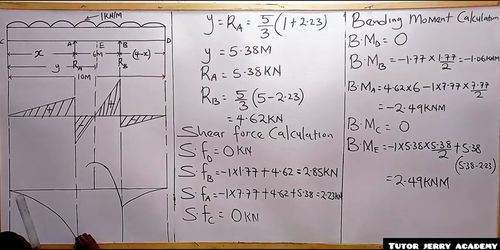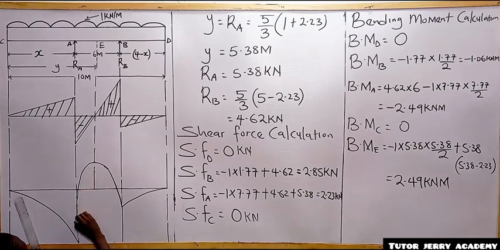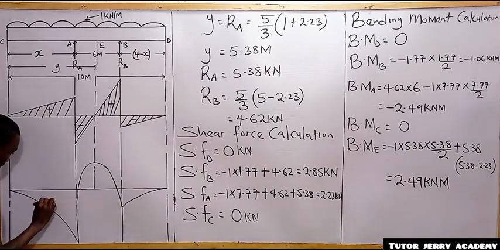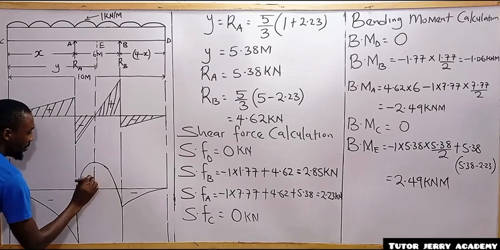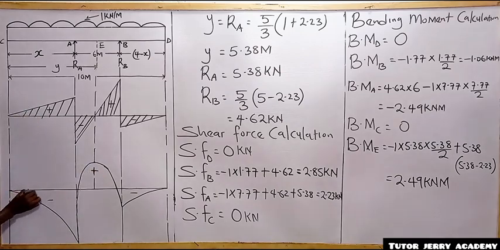Let's go from this point. This is going to be negative, this is negative, and this is going to be positive. So we can shade now.